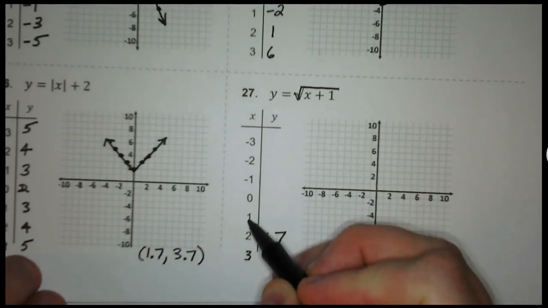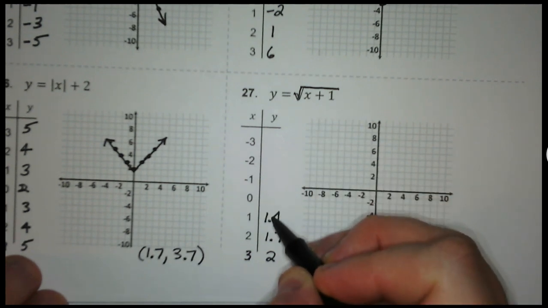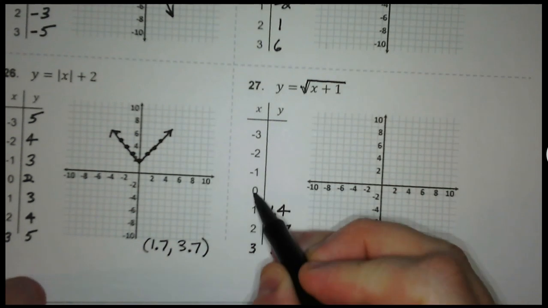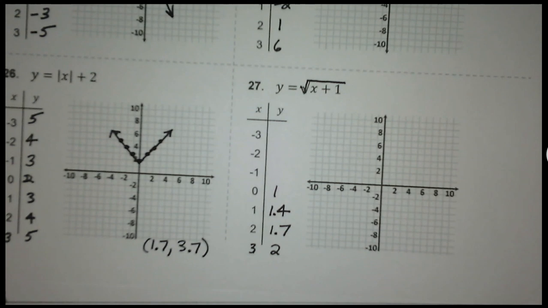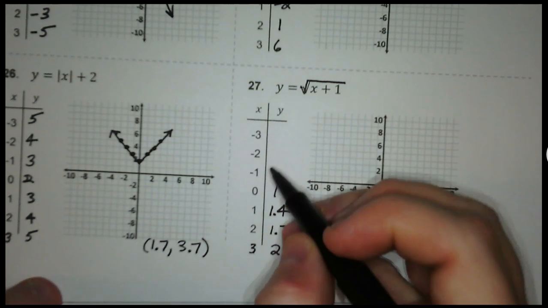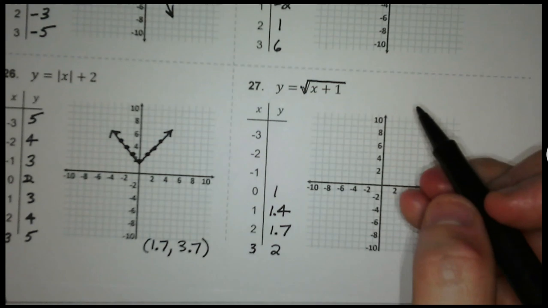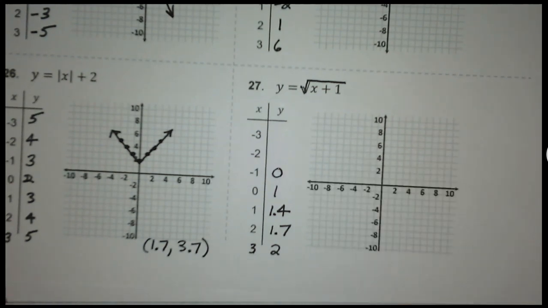If you plug in 1, you end up with the square root of 2, which is approximately 1.4. Let me just double check that. Yep. If you plug in 0, you end up with the square root of 1, which is just 1, because 1 times 1 is 1. If you plug in negative 1, plus 1 makes it the square root of 0, which is in fact 0, because 0 times itself is 0.